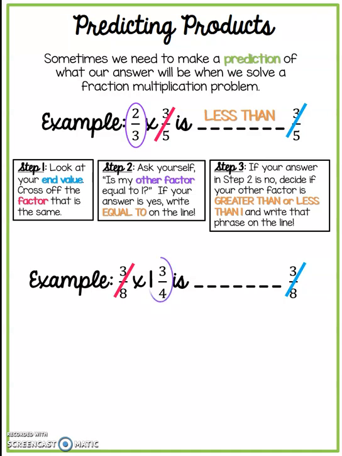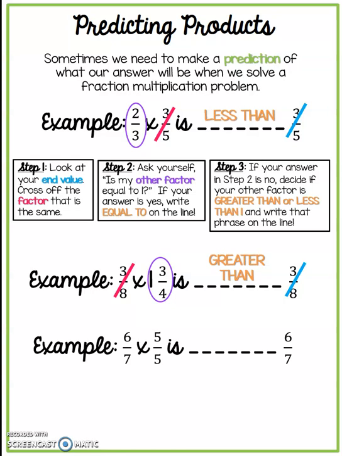Then I need to look at the second factor. 1 3/4 is not equal to 1, so I know that this answer cannot be equal to 3/8. But it is greater than 1. So that means that the product of 3/8 times 1 3/4 is greater than 3/8, which makes sense because I'm multiplying by a number that's greater than 1.